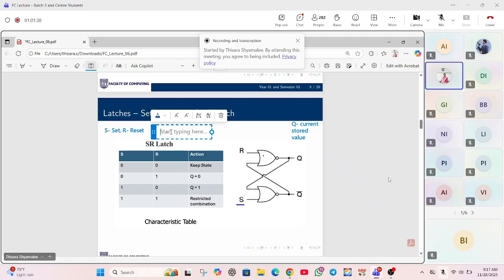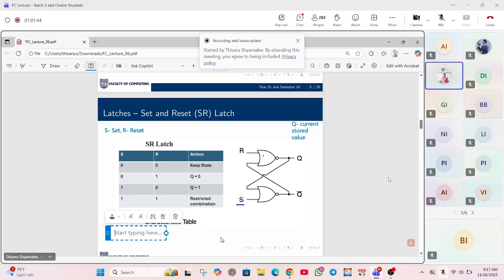I will write it down here. Basic idea: the SR latch remembers the previous output until a new input is applied.